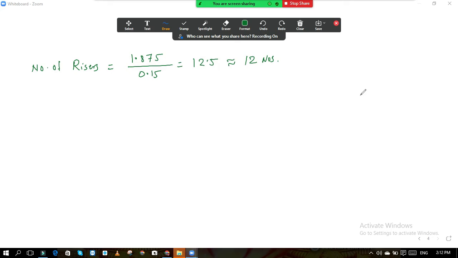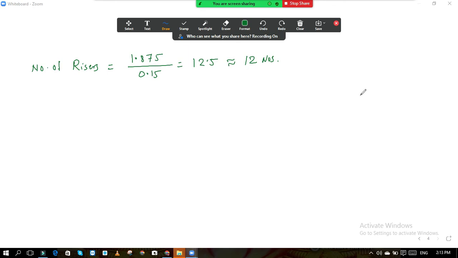See, the reason behind this is that the maximum number of risers, or steps, in a single flight is always 12. It is as per the standard given by the IS code. You cannot provide more than 12 steps in a single flight.